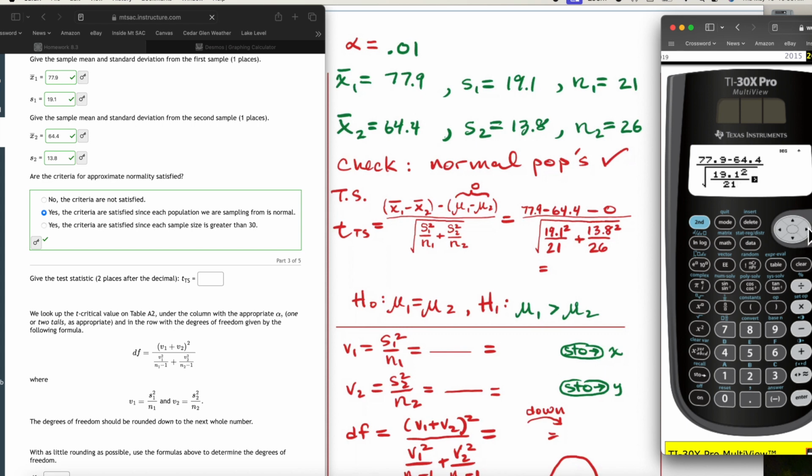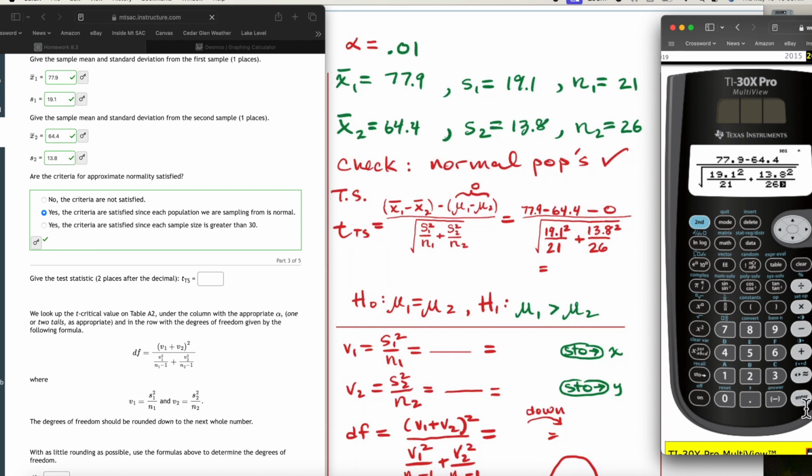Okay, then plus, don't leave the square root here, plus fraction, where is it? 13.8, square that, over the sample size of 26.